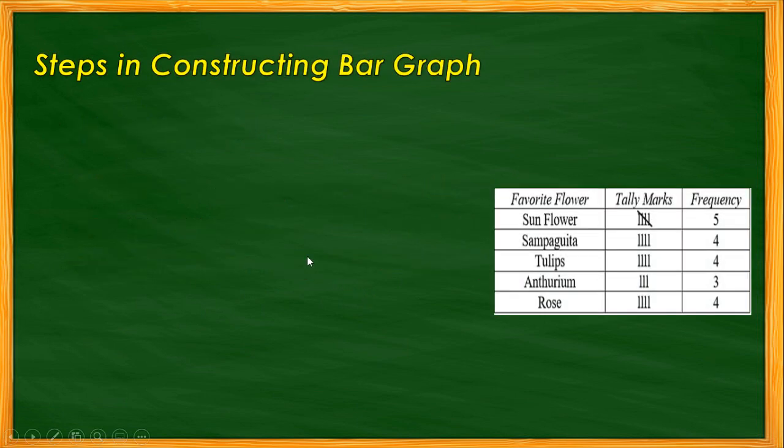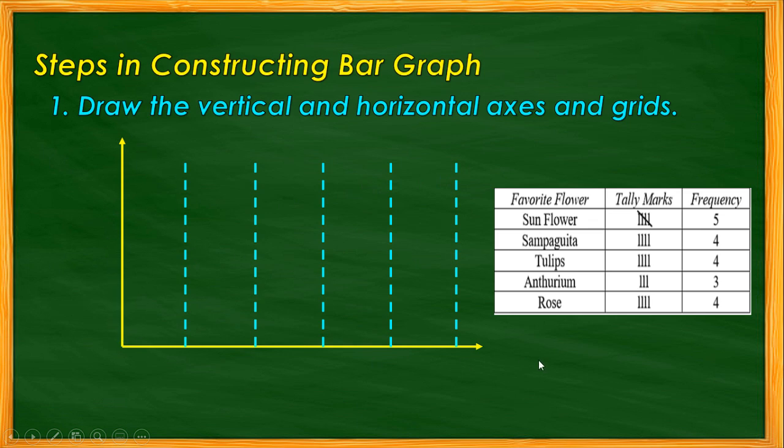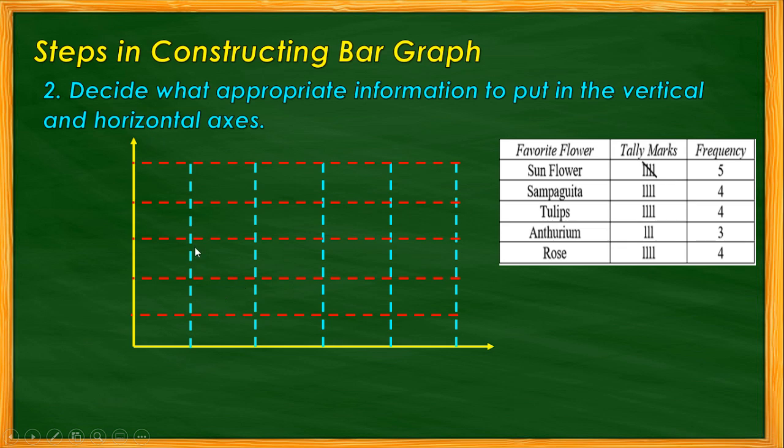So, here are the steps in constructing a bar graph. This would be the frequency distribution table. First, we're going to draw the vertical and the horizontal axis and grid. So this would be the vertical axis, this would be the horizontal axis, and this would be the grid. The second step is to decide what appropriate information to put in the vertical and horizontal axis.